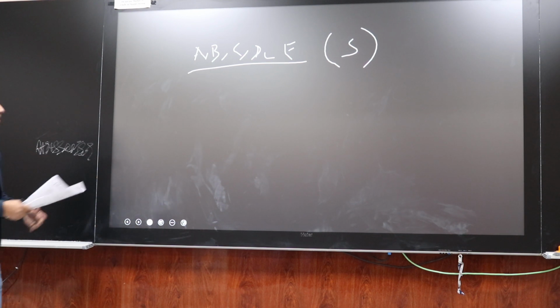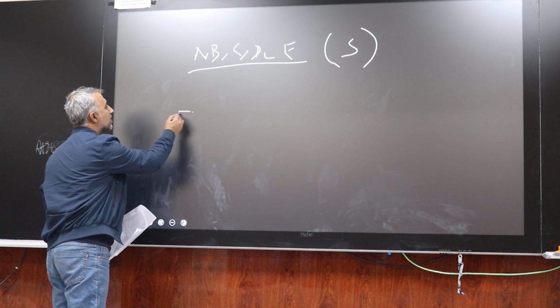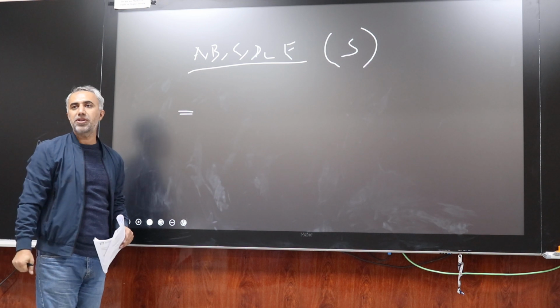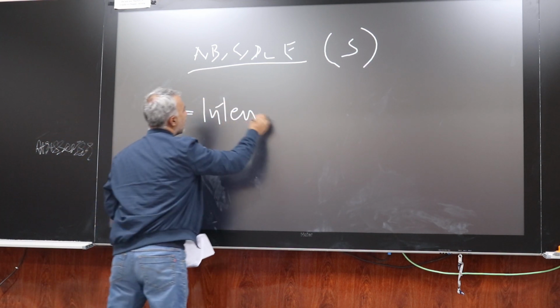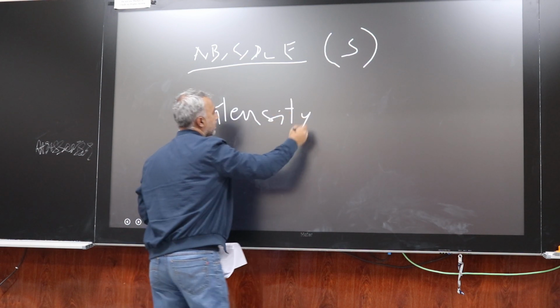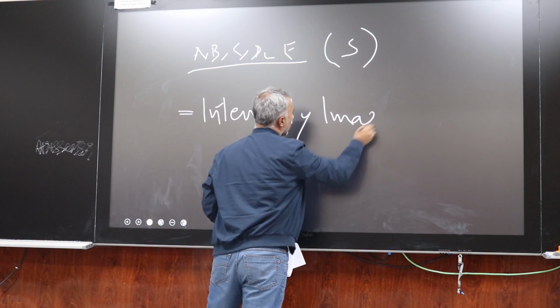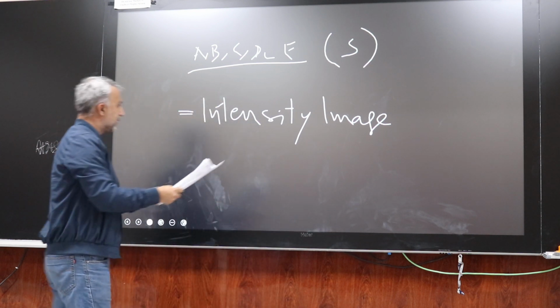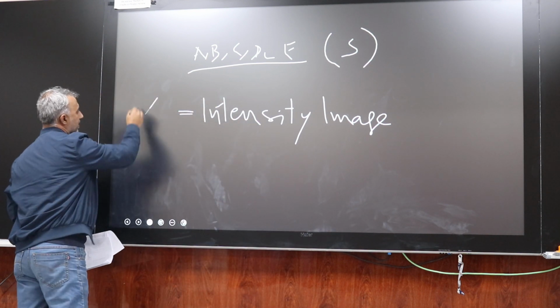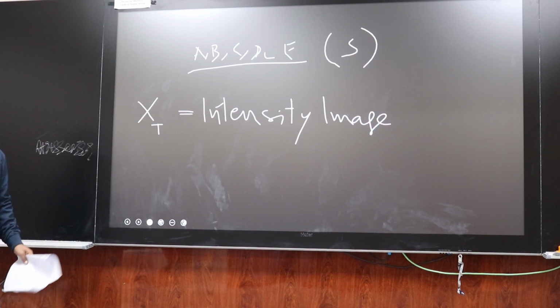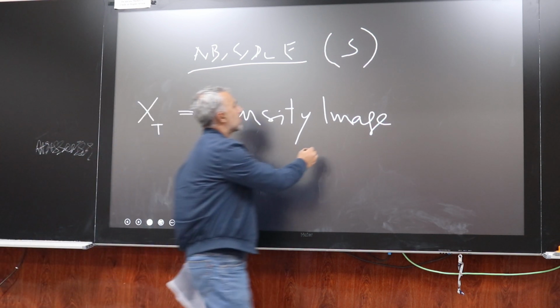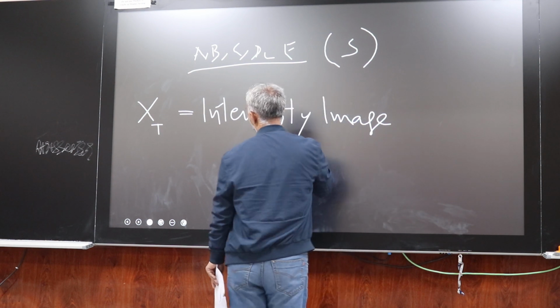So what will the system do first? It will capture its intensity image, and this intensity image is the XT, the test image.